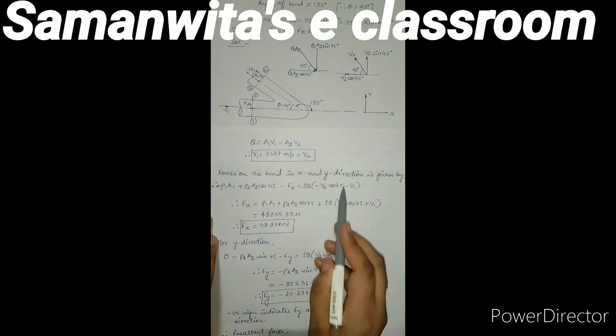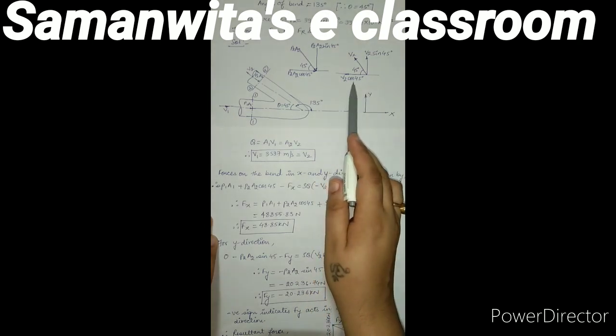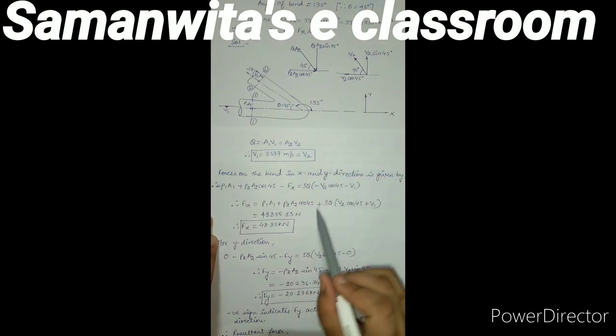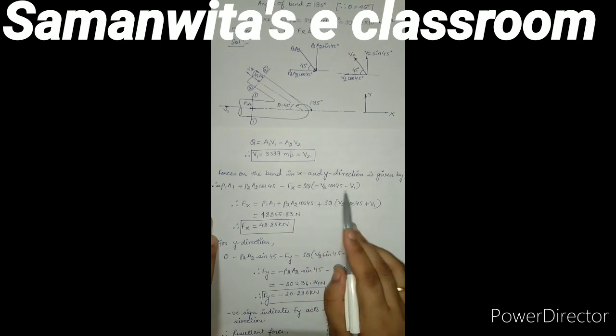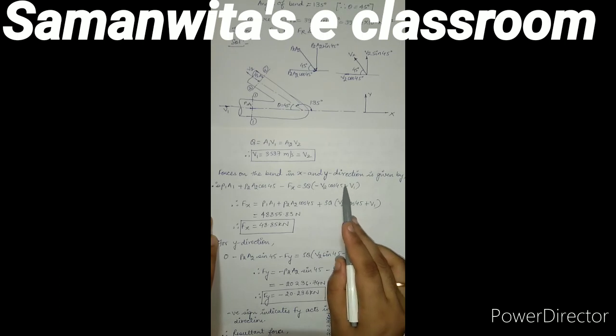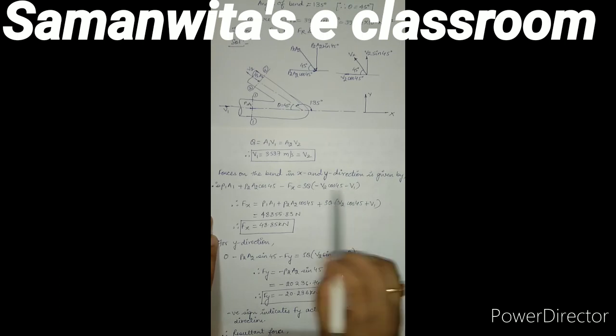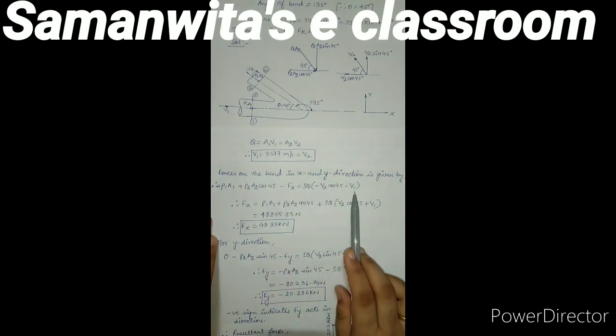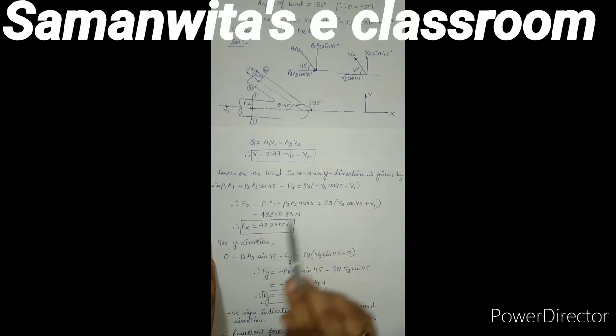Now here the final velocity V2 cos 45 is moving towards the left. Hence I attach a negative sign. This sign comes from final minus initial. So I have not taken V1 as negative, it is just the sign of the formula. And V1 is positive because it is going towards the right direction. Now if you solve this, you get the answer of Fx as 48.85 kilonewton.